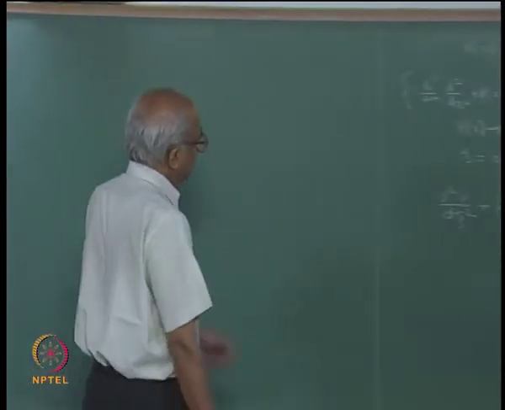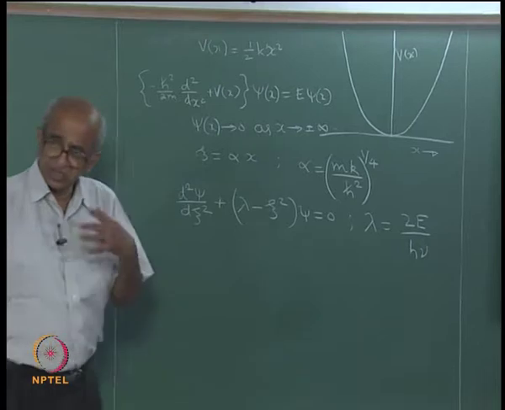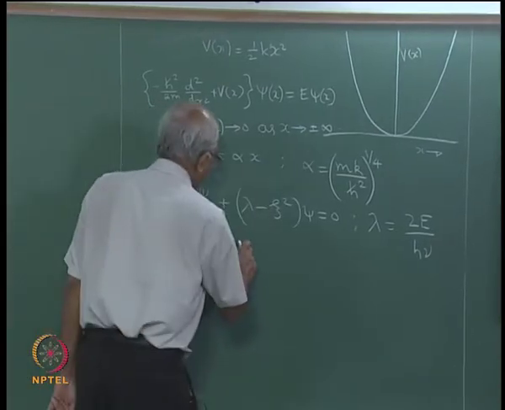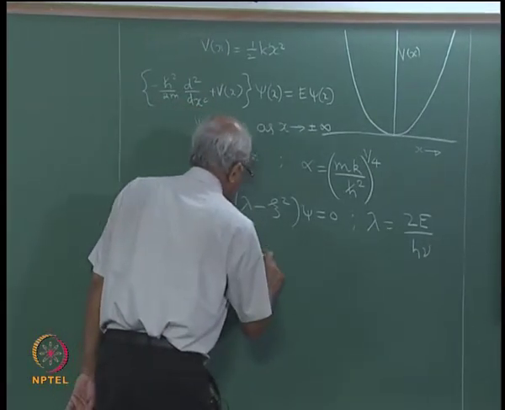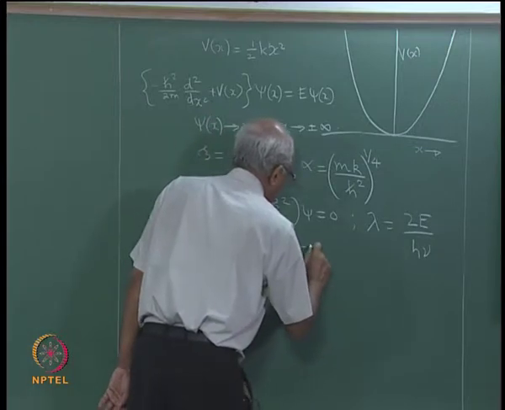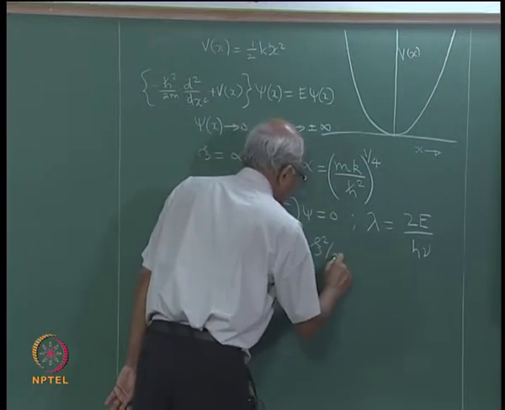And then we argued that this equation has asymptotic solutions which are of the form psi is equal to some constant into e to the power of minus c square by 2.